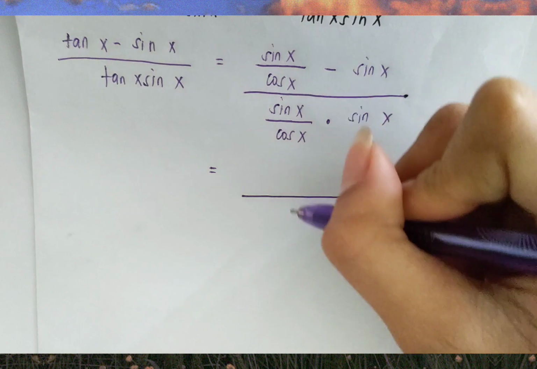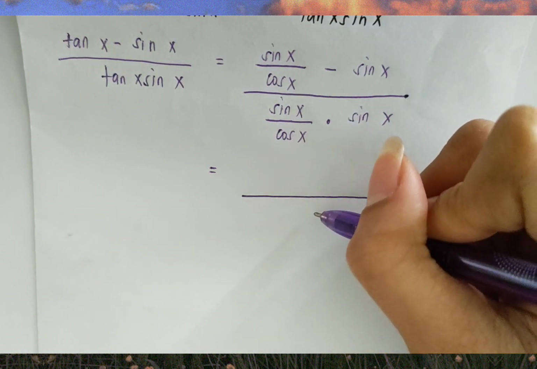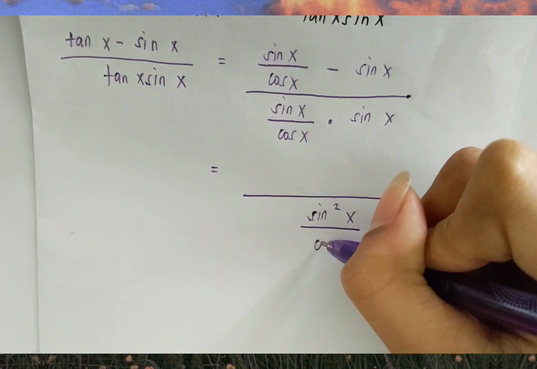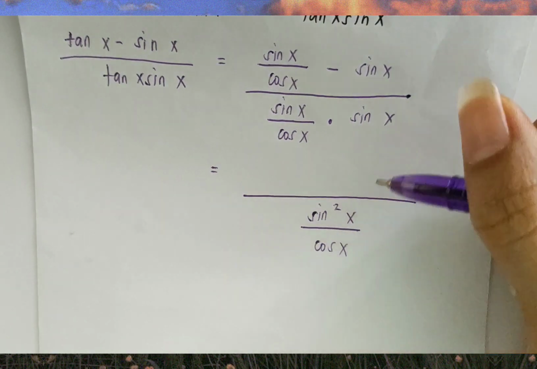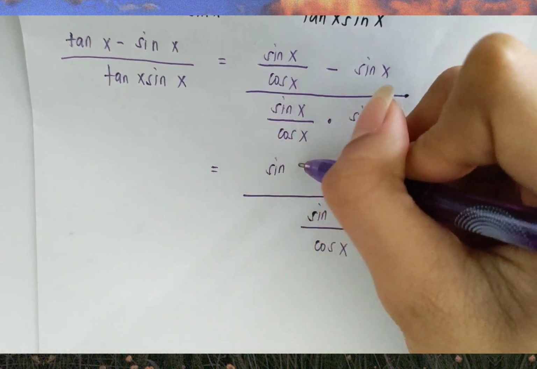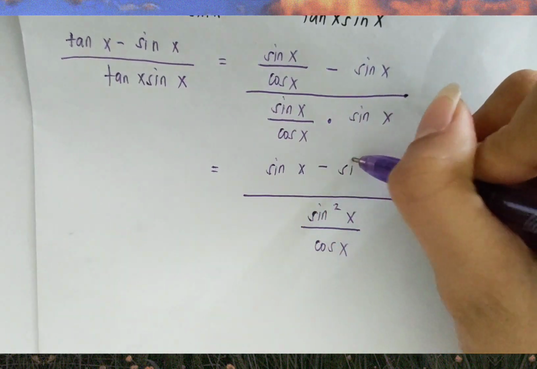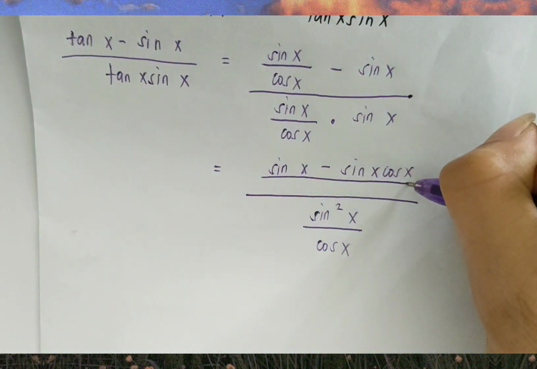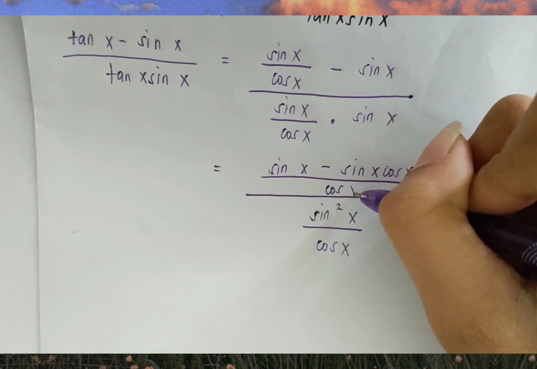We have in our denominator sine squared x all over cosine x. And for the numerator, we have sine x minus sine x cosine x all over cosine x.